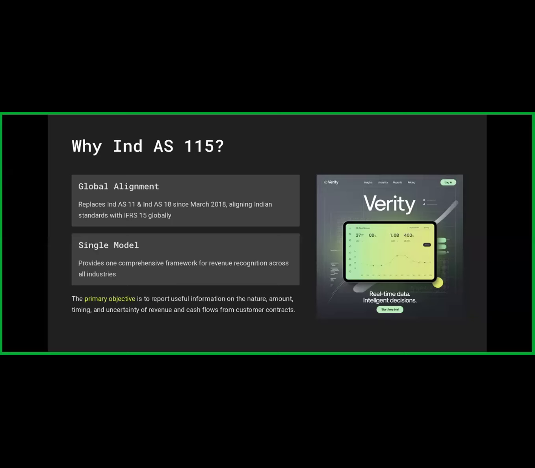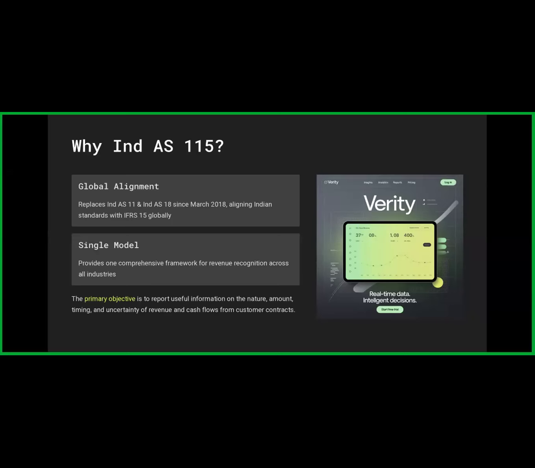That is one of the advantages of Ind AS 115: while putting the revenue into the financial statements, companies need not refer to the two standards, AS 11 and AS 18. Now the company needs to refer to only one standard, and that is Ind AS 115. So it is now the single model.